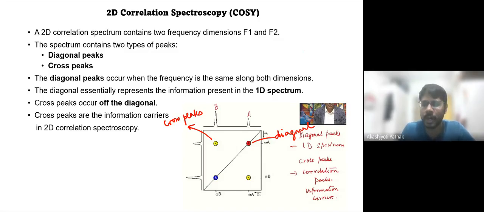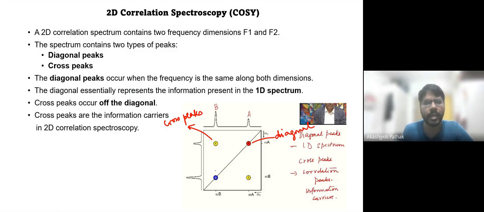The COSY experiment will give you information about the J coupling between two spins. So when will we get the diagonal peaks? The diagonal peaks will occur when the frequency is the same along both dimensions. That is why A is correlated to A and B is correlated to B.